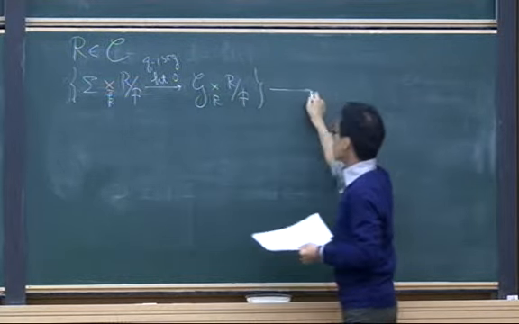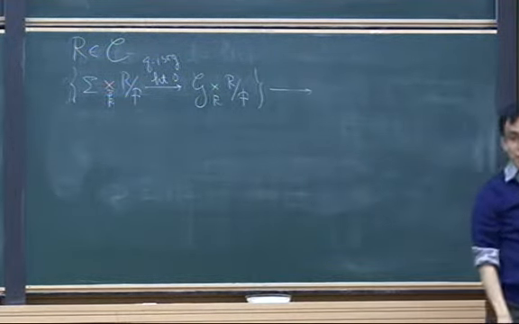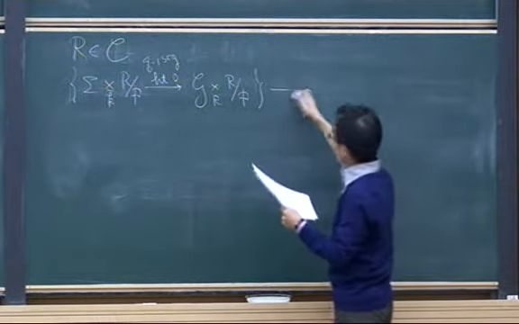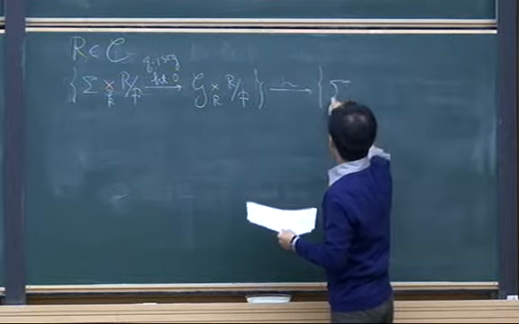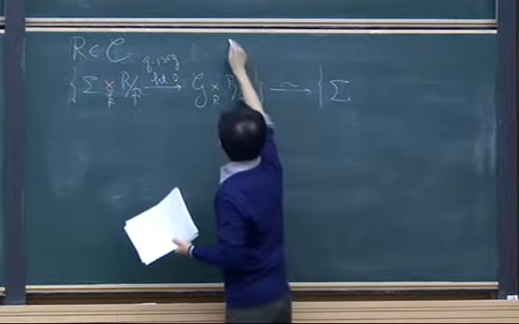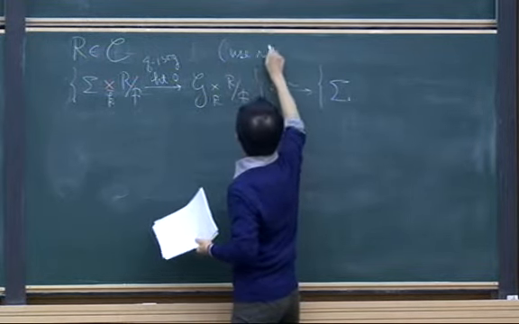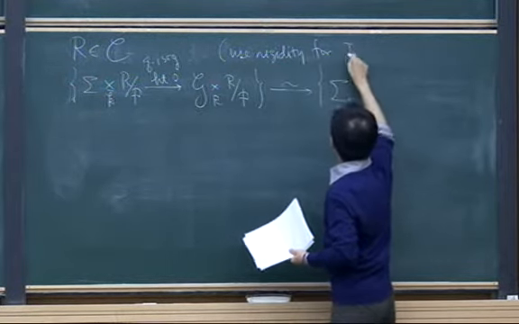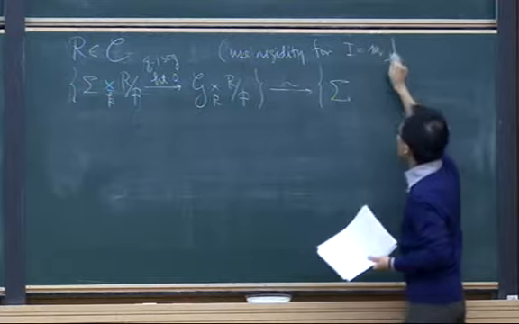And this was hard to control because they may not be isomorphisms. But I can pull it back to the residue field. So use rigidity for I equal to m.